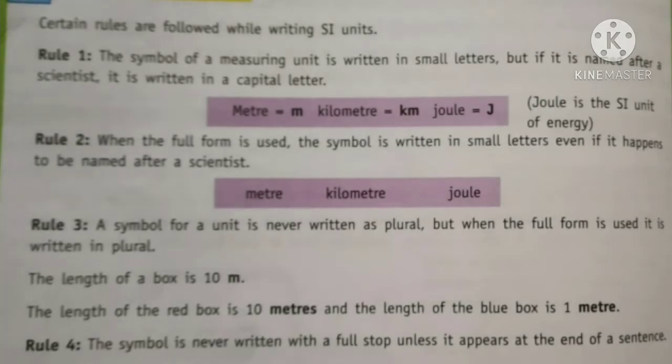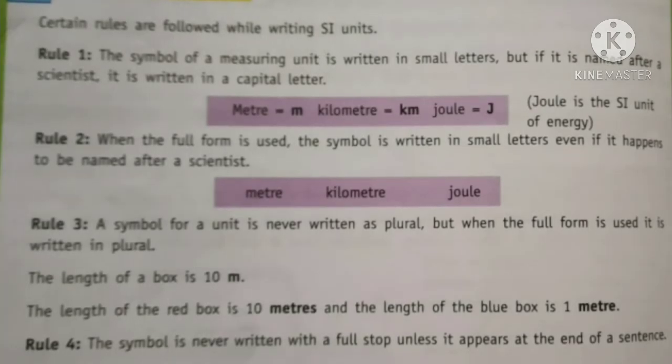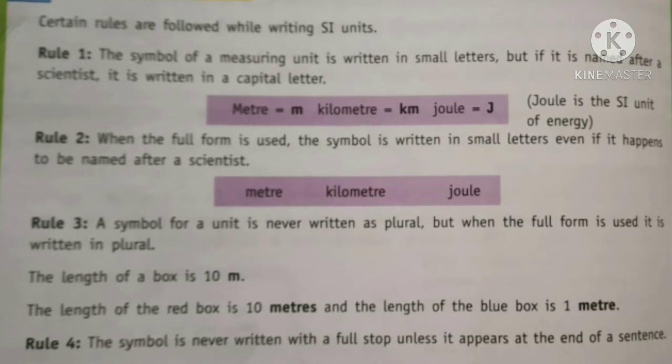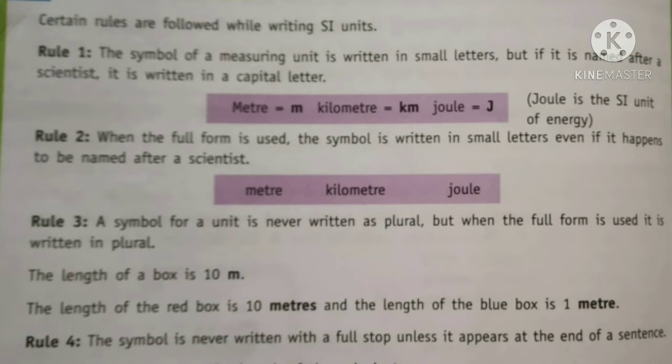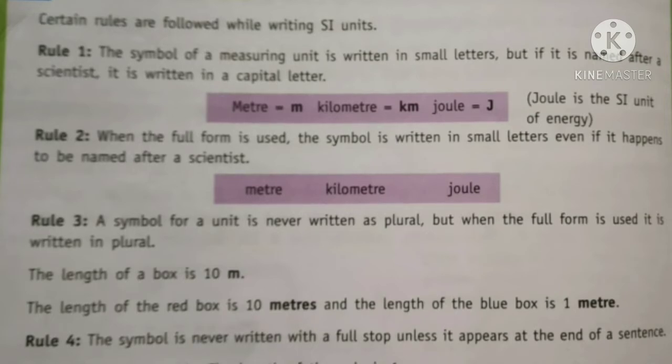Certain rules are followed while writing SI units. Rule number 1. The symbol of a measuring unit is written in small letters. But if it is named after a scientist, it is written in a capital letter. For example, meter equals small letter m.